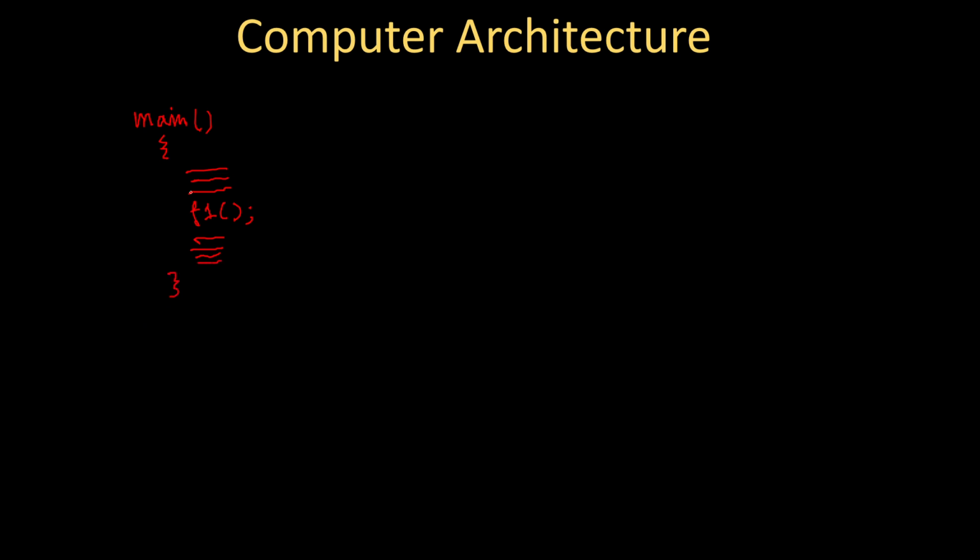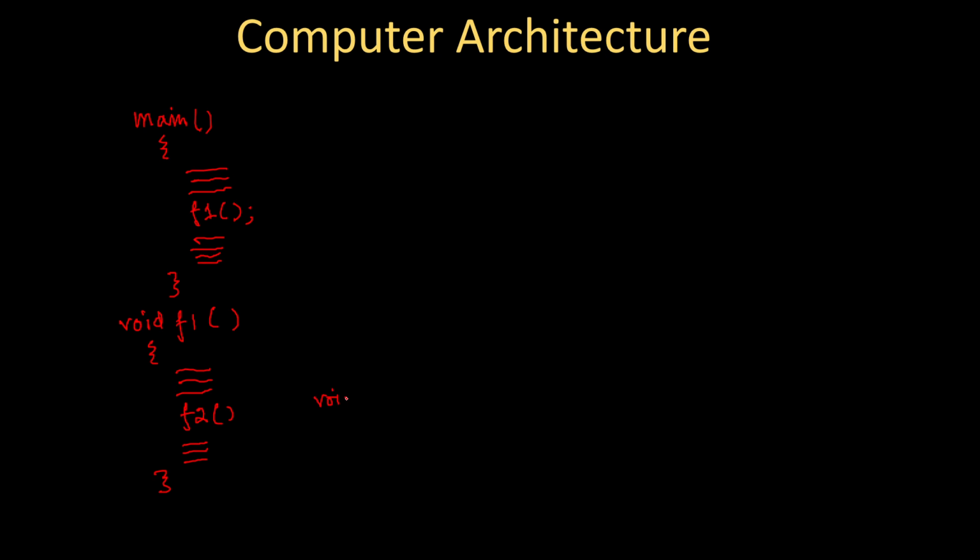And now let's define this f1 function. So suppose void f1, something like this. And within this f1 function, suppose I have many other instructions, and then I have called another function f2, and then I have some more instructions and it stops. And obviously I have to define this f2.